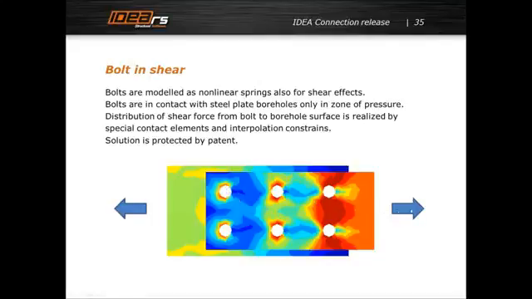So this plate is in tension, and you see here that all pressure is on this part of the bore hole. Here it is a little bit different because there is higher stress in other parts of the plate, and here you can see the critical cut which appears in this plate.